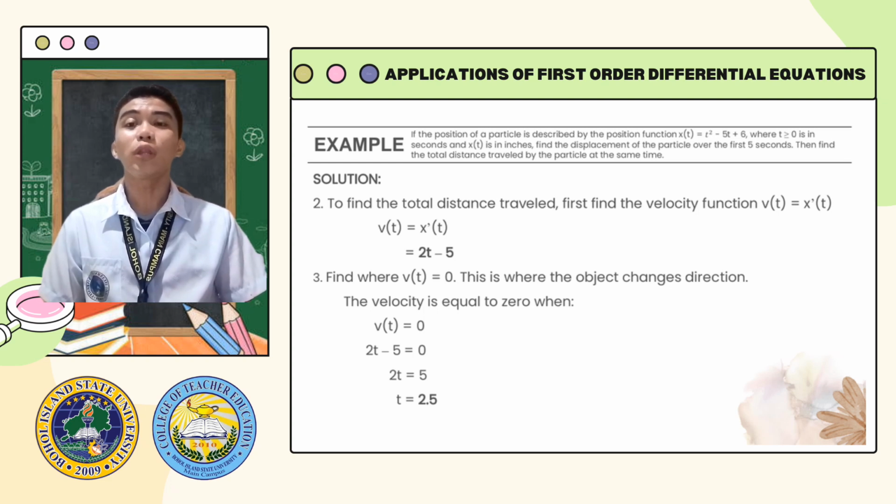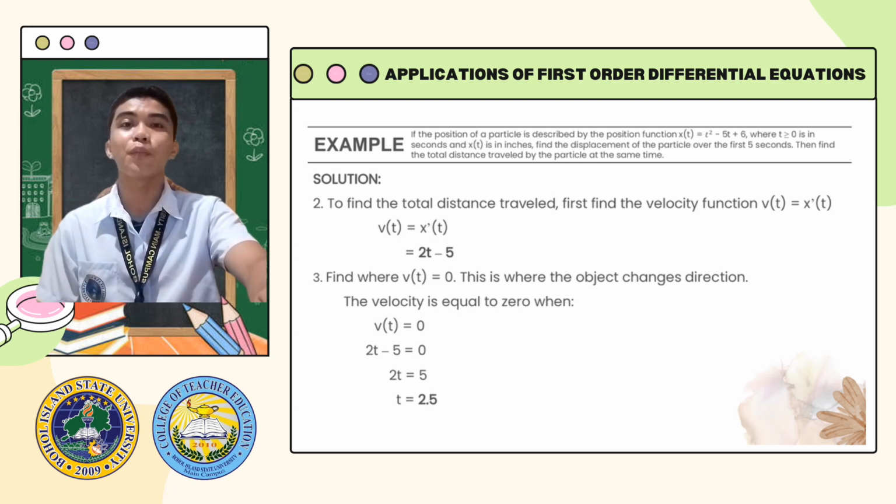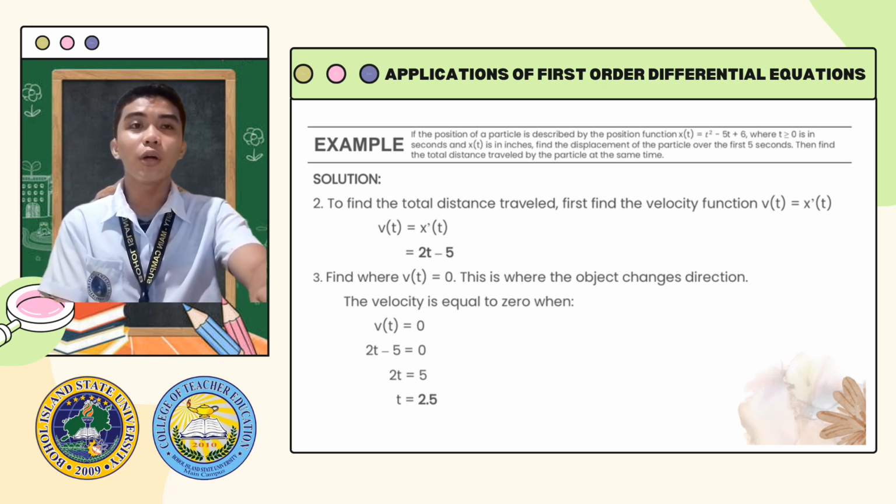So 2t minus 5 equals 0, and then transpose negative 5 to the right side of the equation. We get 2t equals 5, and then divide both sides by 2 in order to find the value of t. So by dividing both sides by 2, we get t equals 2.5. So that is our value of t.